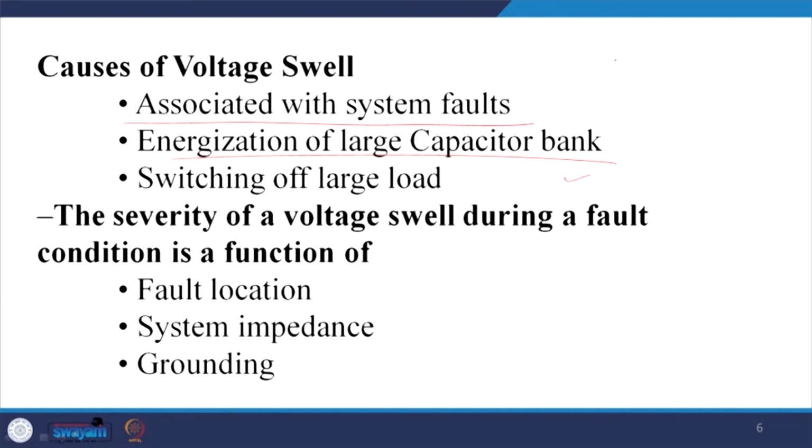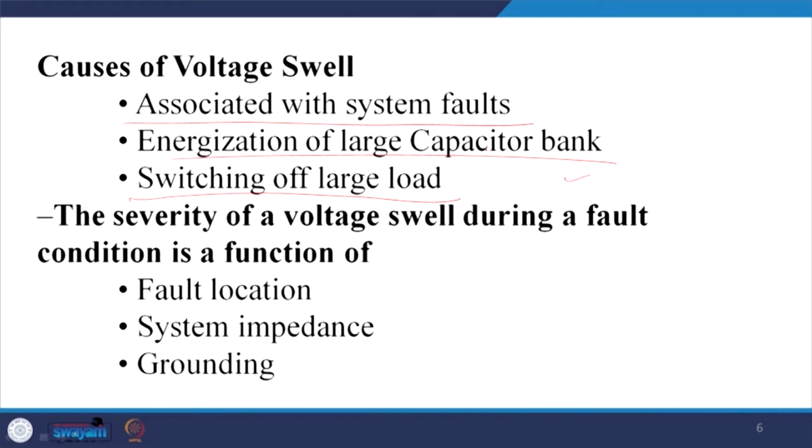You have to see that the capacitor voltage and the supply voltage are the same, and only then do you switch it on. Otherwise it gives a transient, and if this transient is not damped, it will cause sustained oscillations of high voltage.